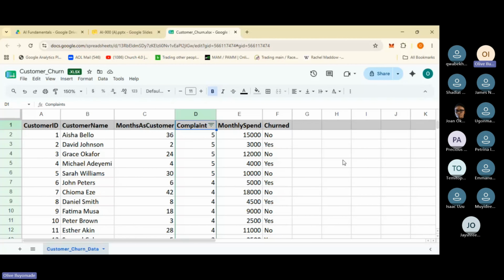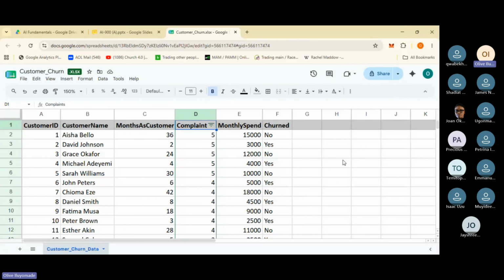So all these patterns are what the AI model will look at to train, so that when we have another table like this that has all this information apart from churn, yes or no, they would use all this information. The customer has been, okay, let me not even say.